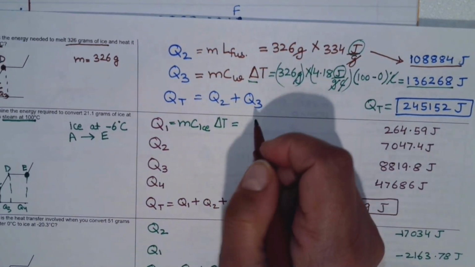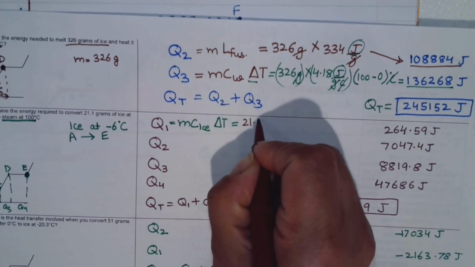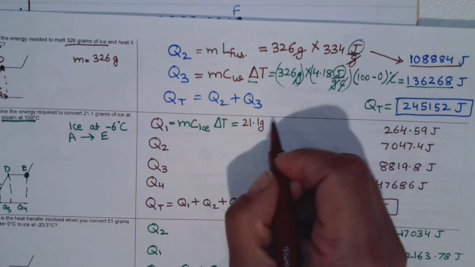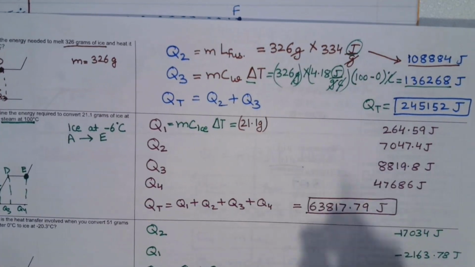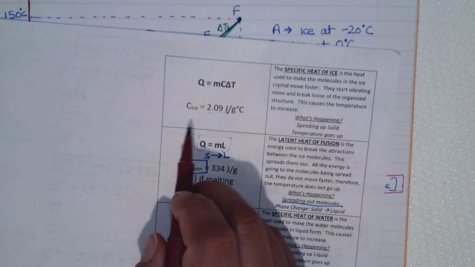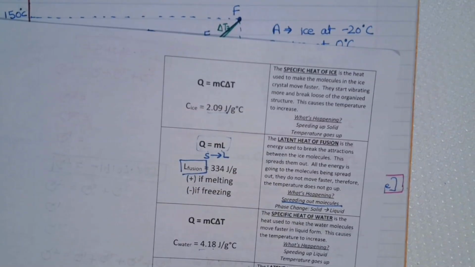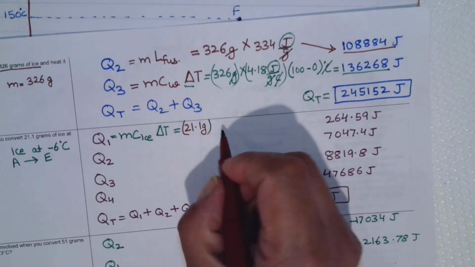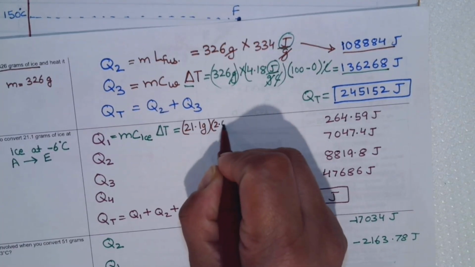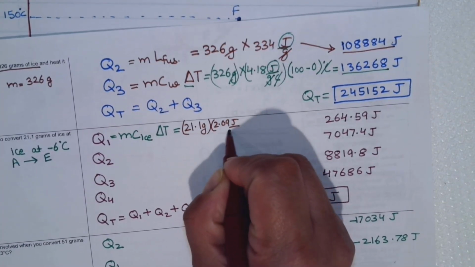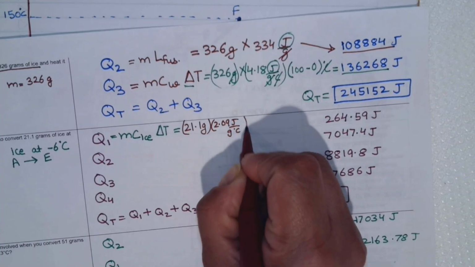So we have 21.1 grams of ice. Then specific heat of ice is 2.09 joules over gram per Celsius.